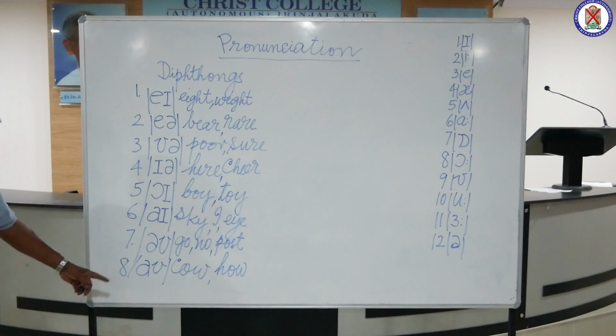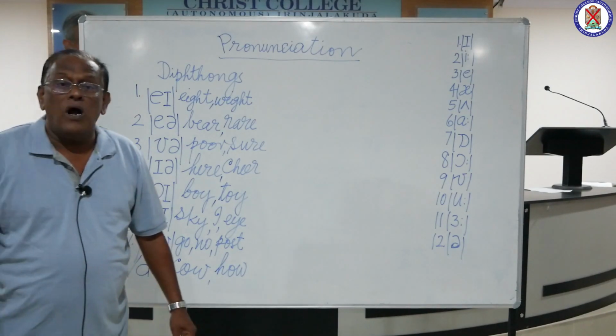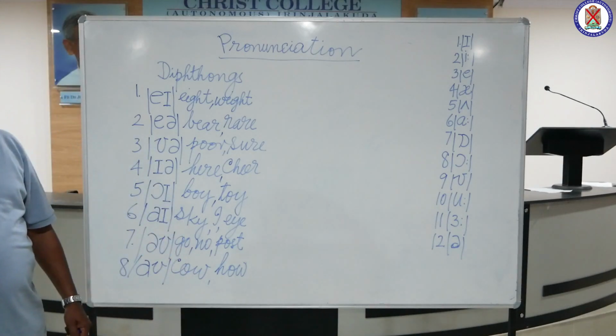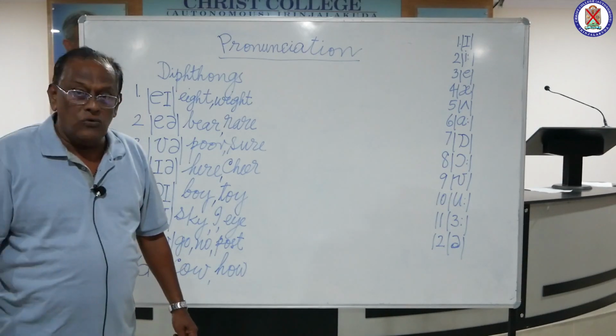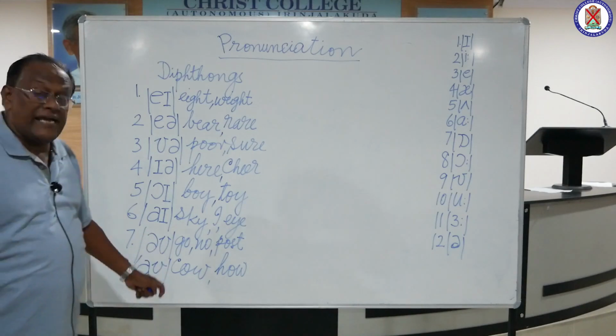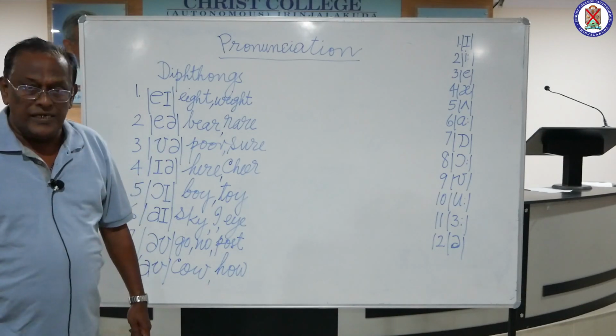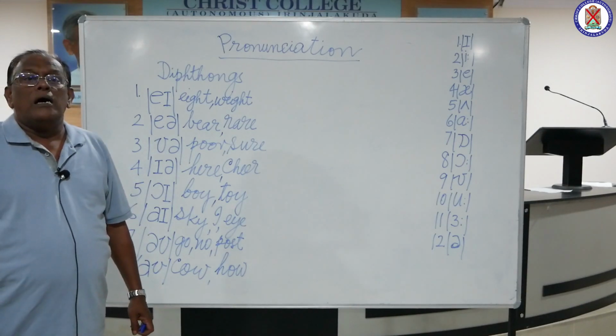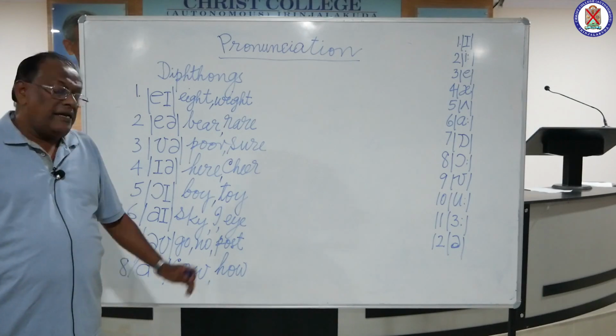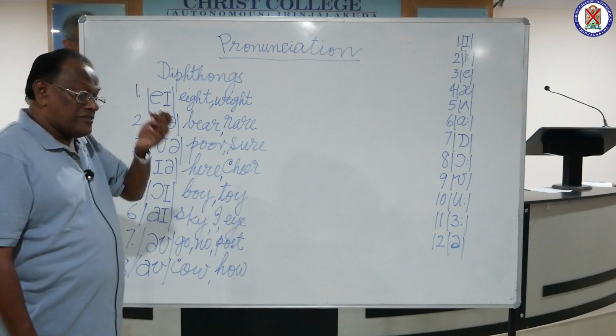The last one, A plus U, "ow", which you have in words like cow, now, and words of that particular category.